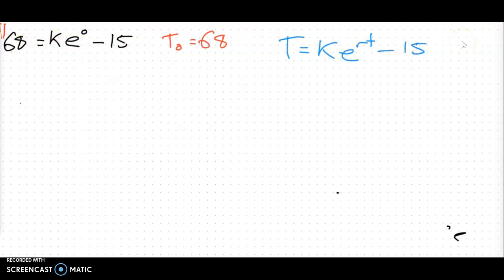Anyway, now we know e to the power of 0 is 1, so all we're left with is k minus 15. Now I'm going to flip it around. That equals 68. So of course k is 68 plus 15. Probably should have calculated this earlier. Anyway, so k is 83. Fantastic.